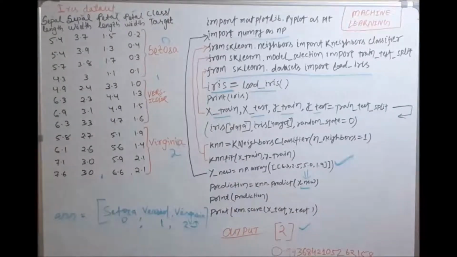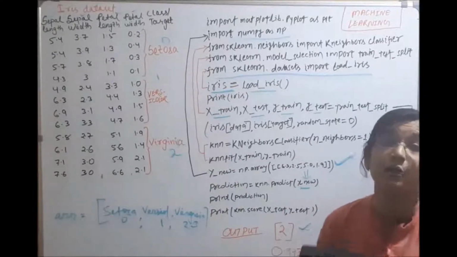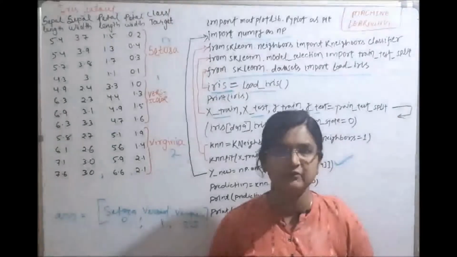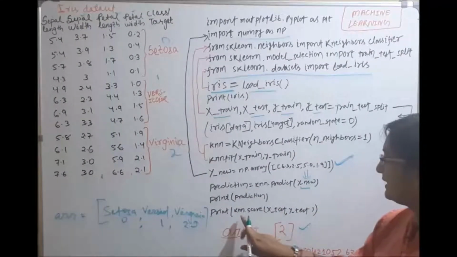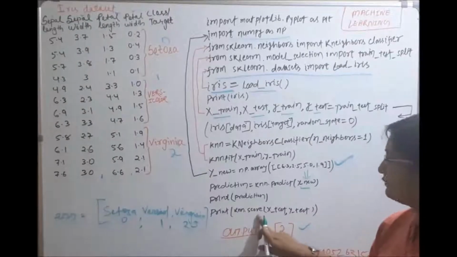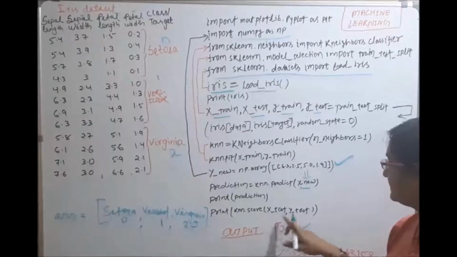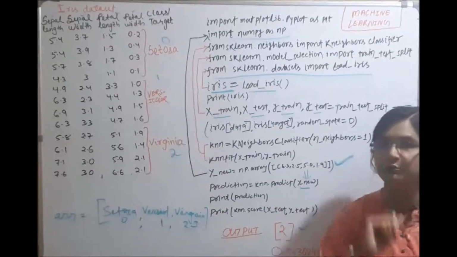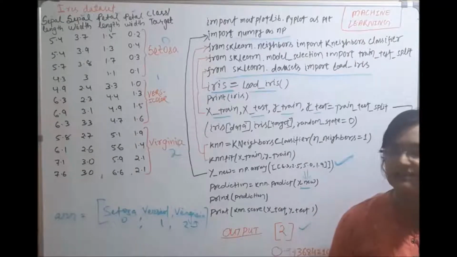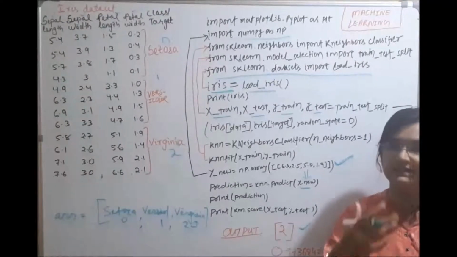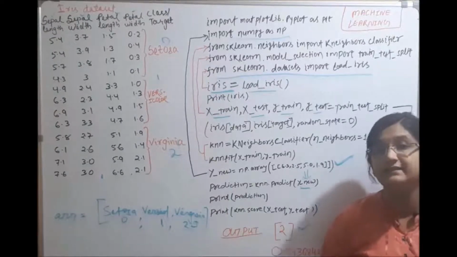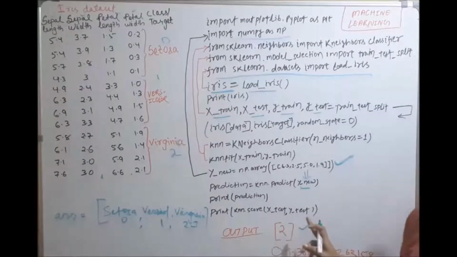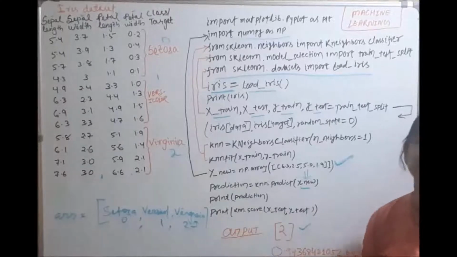Clear? The next thing is to check how accurate the algorithm is, and what the error margin is. For that the syntax is knn.score, and inside the score method I put two parameters, X_test and y_test. X_test is my testing dataset and y_test is my testing dataset's labels. I pass these two parameters and print the score.